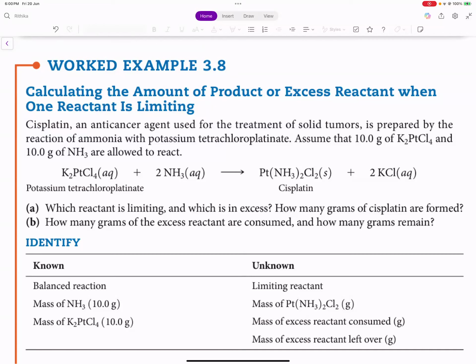NH3 is ammonia, and that is 17. Is it 70? Over here it's showing 18.039 in Google. Google must be something wrong then. Okay, I'll take it as 70.